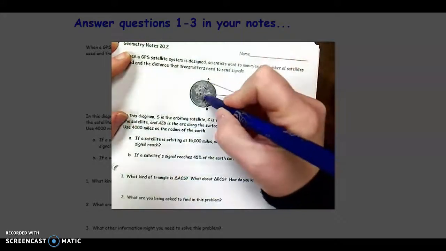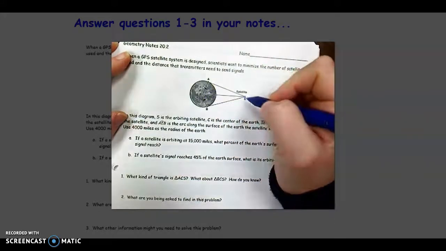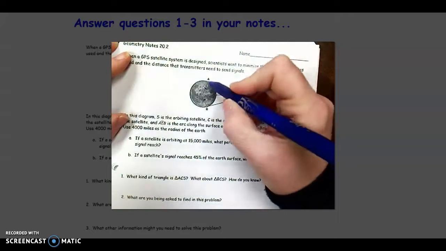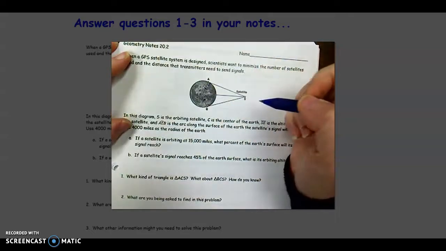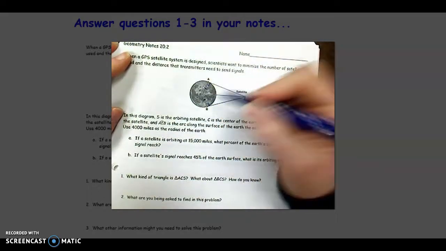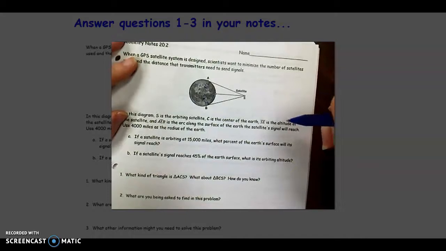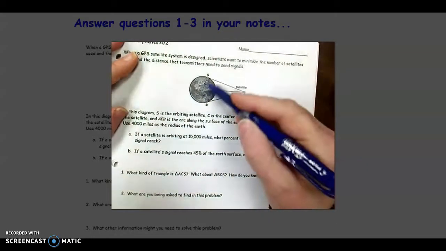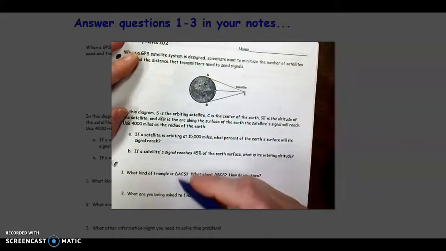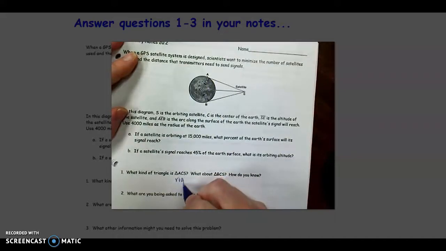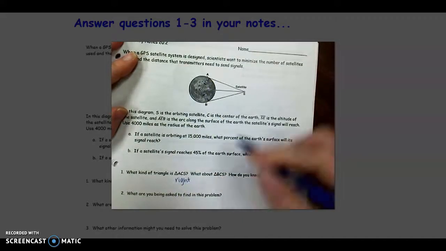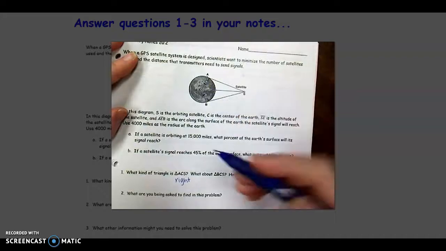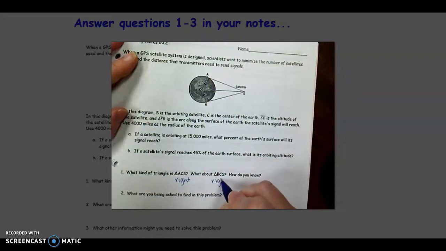So I know that segment CA, the radius, and segment SA, the tangent, are perpendicular. They form a right angle. And likewise, CB and BS would be perpendicular as well. So what kind of triangle is ACS? It's a right triangle. And what about BCS? For the same reason, it is also a right triangle.